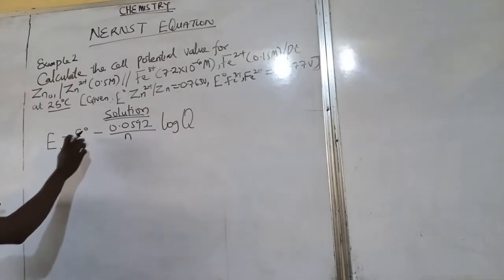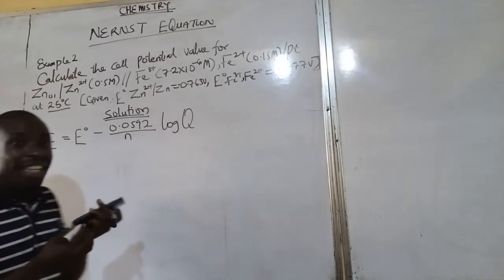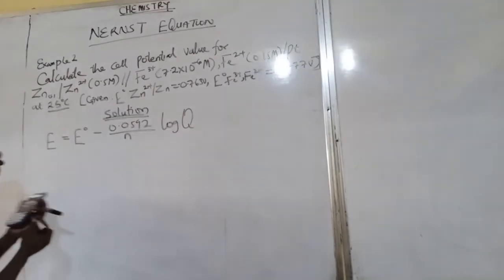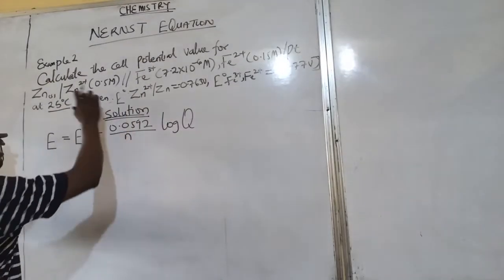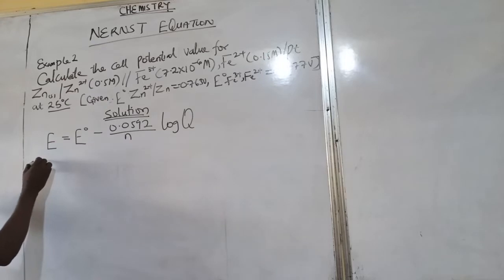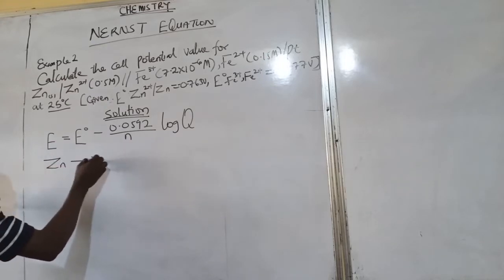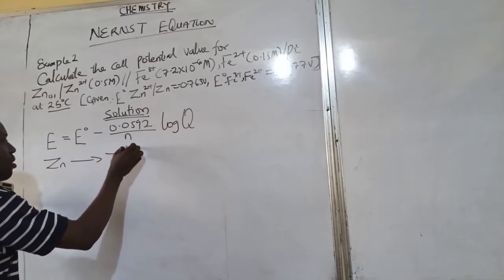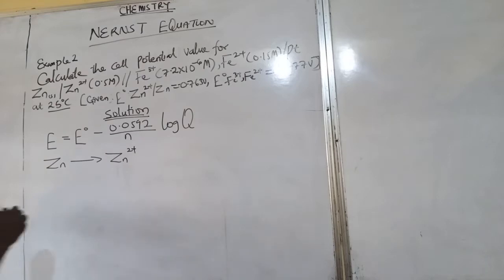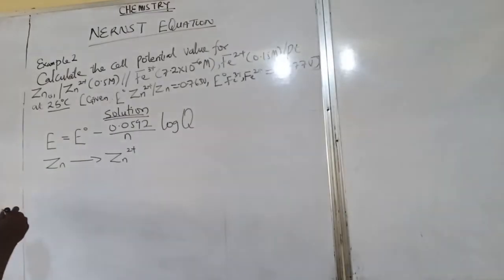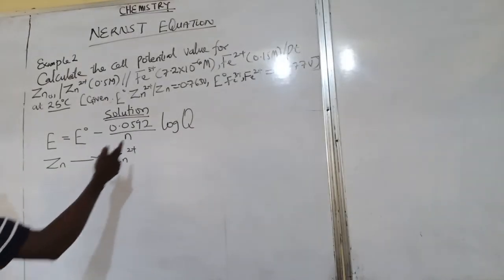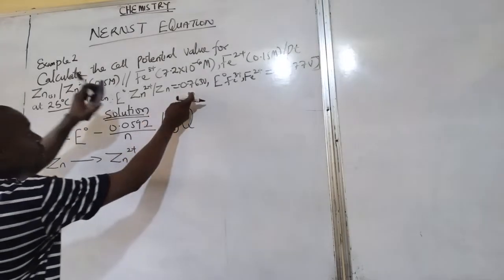Now, to get your E naught, which is your standard electrode potential, what do you do? You follow the cell notation, which is zinc to zinc ion. You can see here, the standard, of course, you know that definitely you are able to turn it.